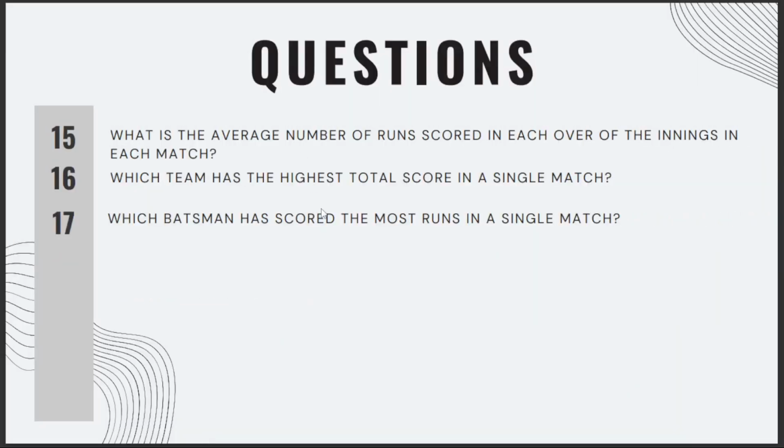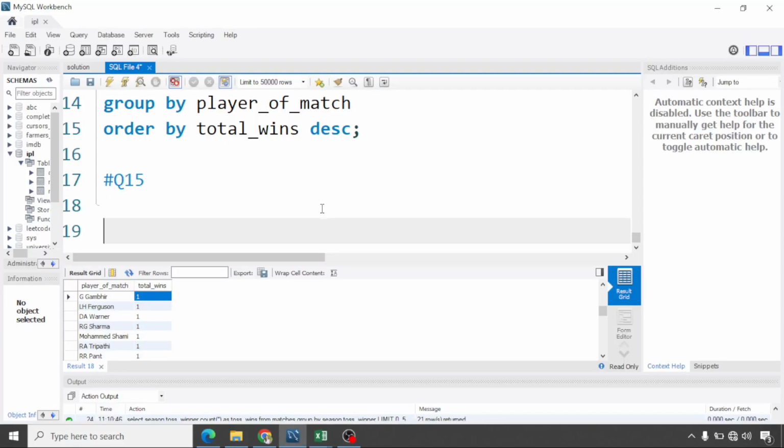What is the average number of runs scored in each over of the innings in each match? So here you have to find out the average runs in each over and in each inning. So select m.id, d.inning.